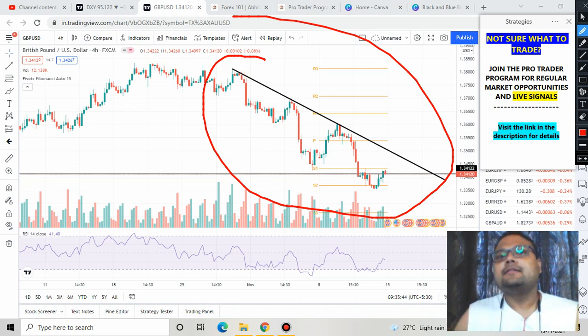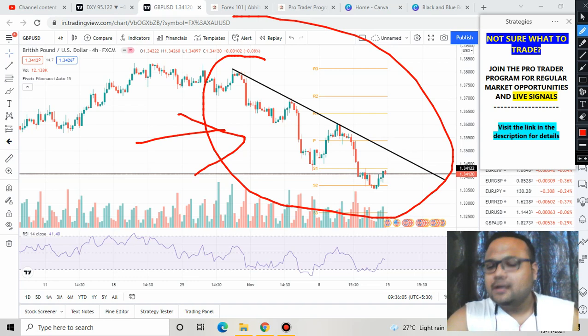It means that if a market is in uptrend, we should mainly look for buying opportunities, and if a market is in downtrend, we should mainly look for selling opportunities. Because in an uptrend market, the number of buyers is higher, and in a downtrend market, the number of sellers is higher. So in this market, the number of sellers is high.